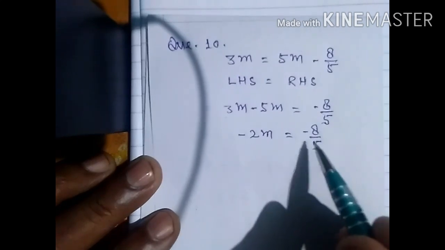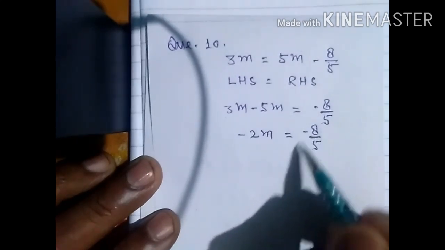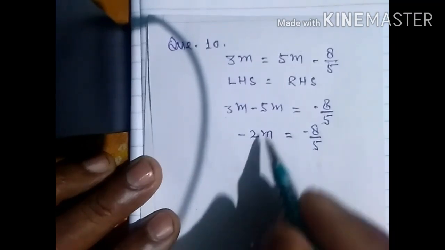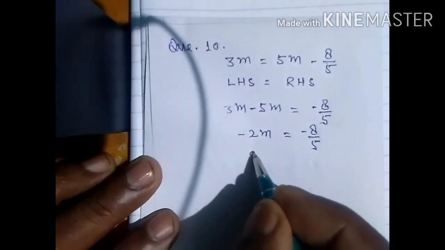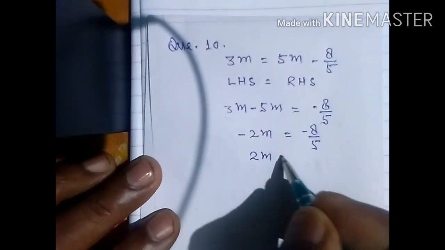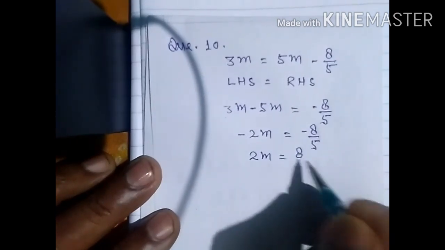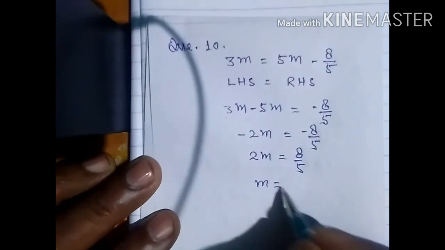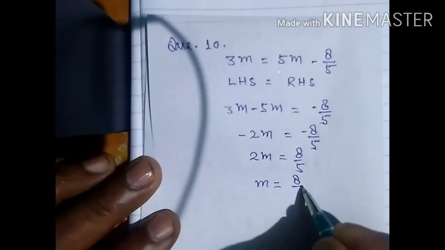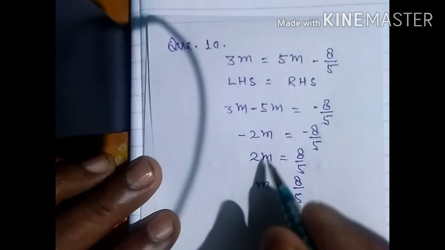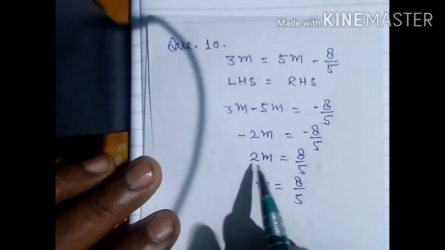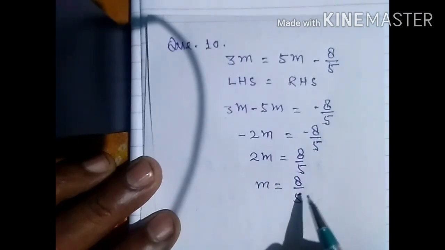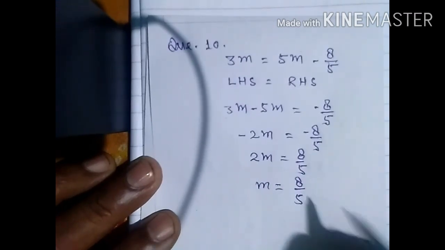Now in the next step we have to reduce this negative sign, students, because in both sides there is negative sign, so we can write it like this: 2m is equal to 8 by 5. Now m is equal to 8 by 5 divided by this 2. 2 is multiplied in the left hand side, so it will be divided in right hand side, students.